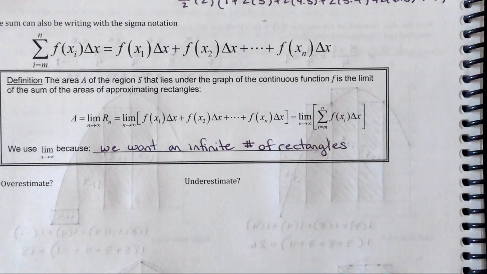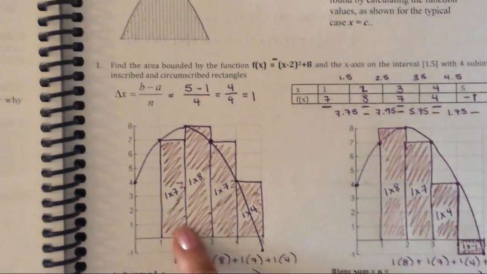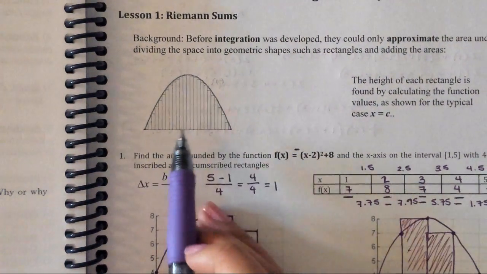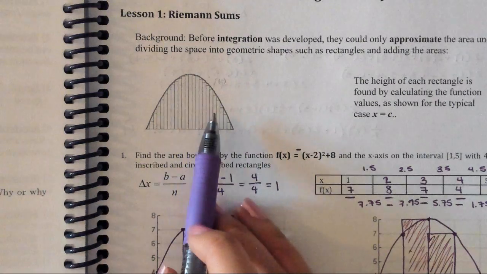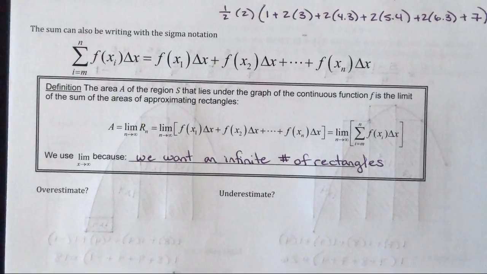The more rectangles you have, the more accurate your area. Just take a look at the problem on the other page. We only had 4 rectangles here to estimate the area, but look how more accurate it would be if I had like 15 or 20 rectangles. So the more rectangles you have, the more accurate your area is going to be. Okay?